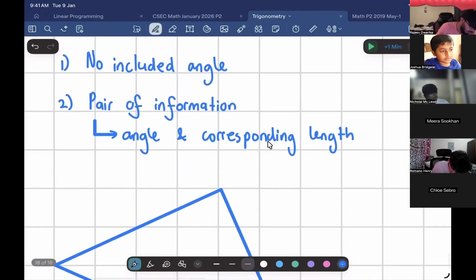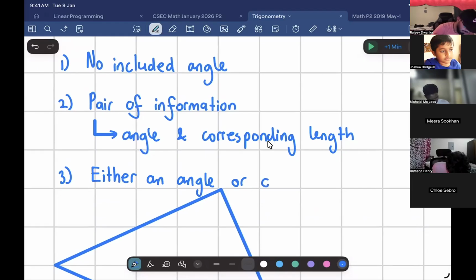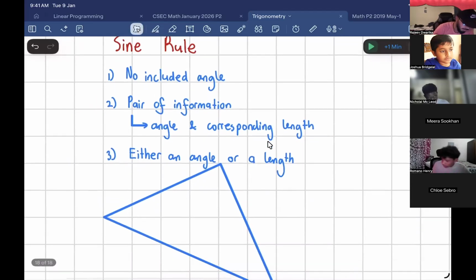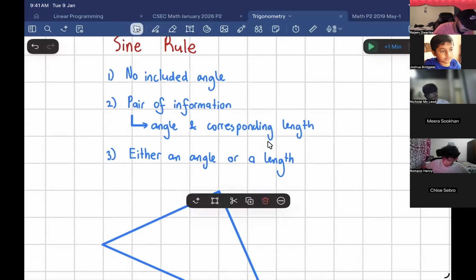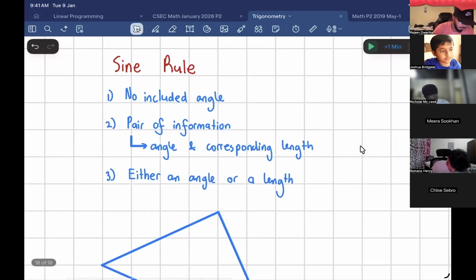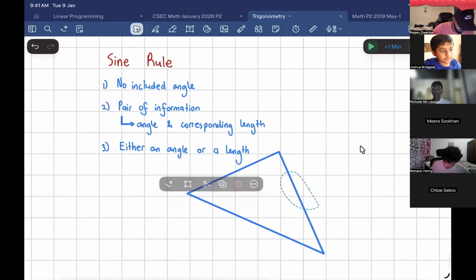And you would also need either an angle or a length. We typically use the sine rule when we want to figure out from angles, but you could use it to figure out an angle or a length. So this is the basics for the sine rule.